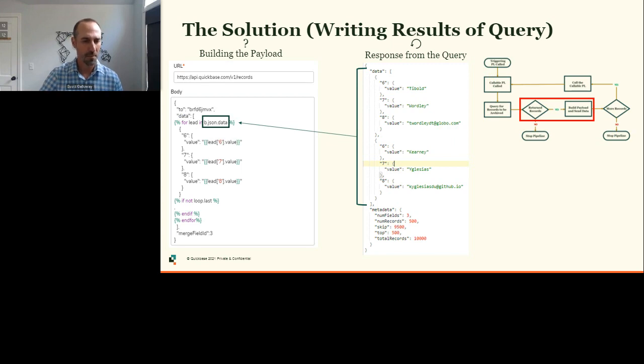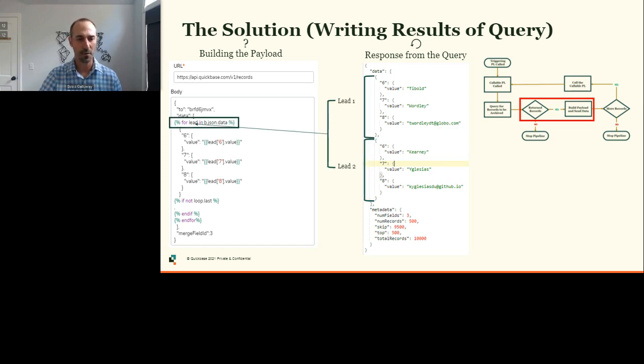So if you look right there, we have, what is that? It says b.json.data, and that's pointing to this JSON array. And the for loop is saying, well, for each record in that data array, go ahead and grab me each lead, and we're going to loop through each one of those.